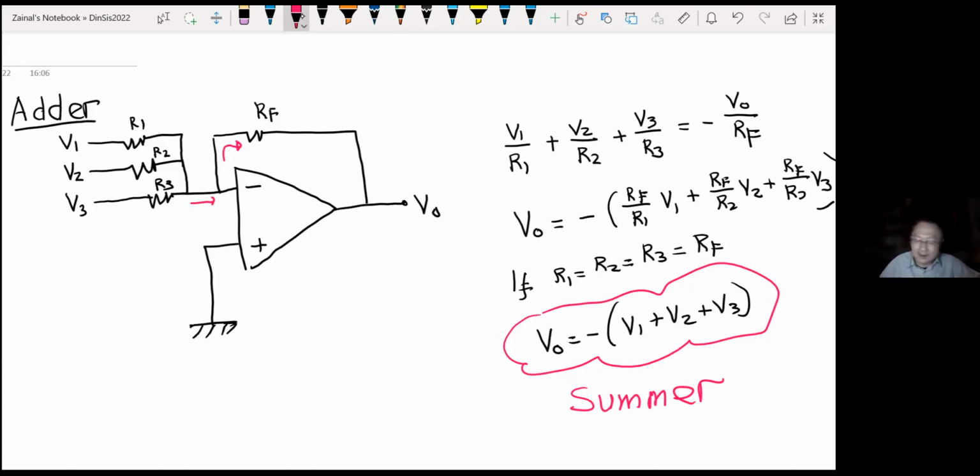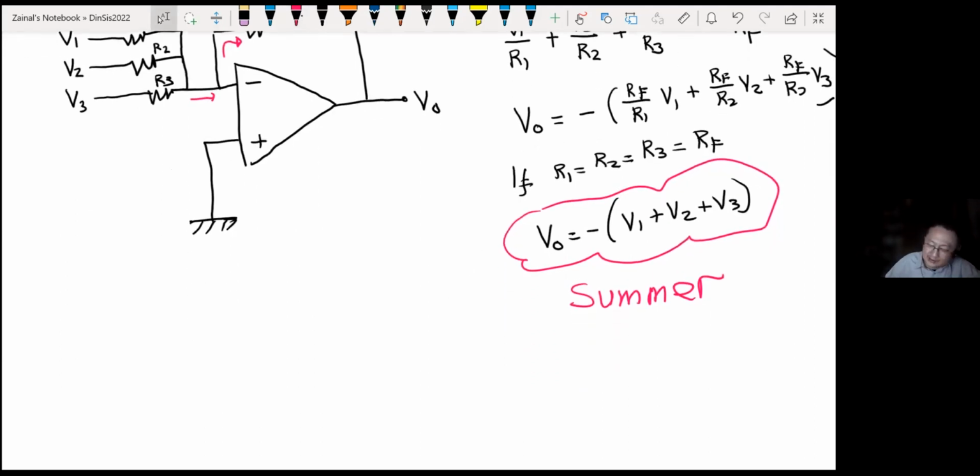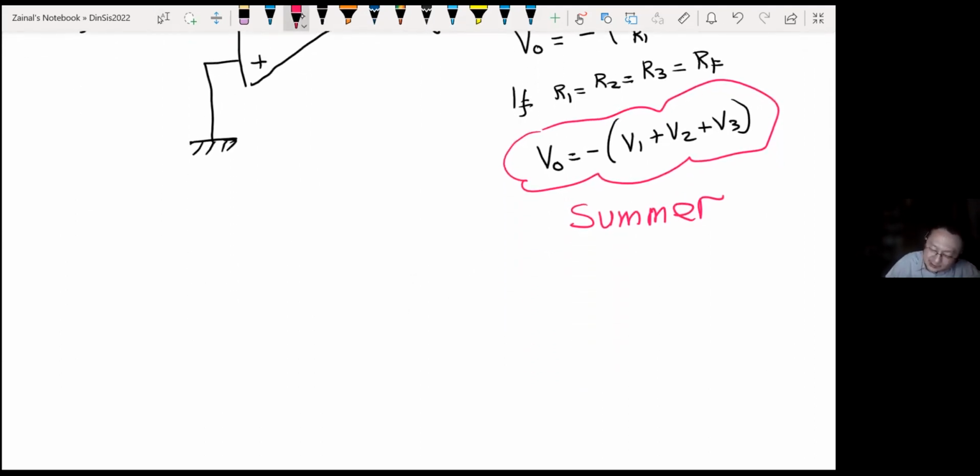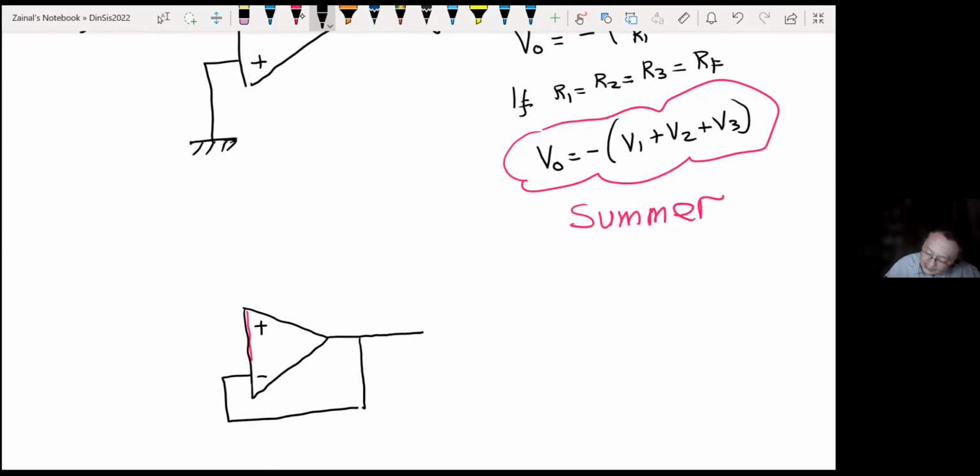Okay, I want to show you the other one, which is very simple. For example, something like this. This one plus, this one minus, and this one is connected up with this one. So this one is VO. This one is just the same.